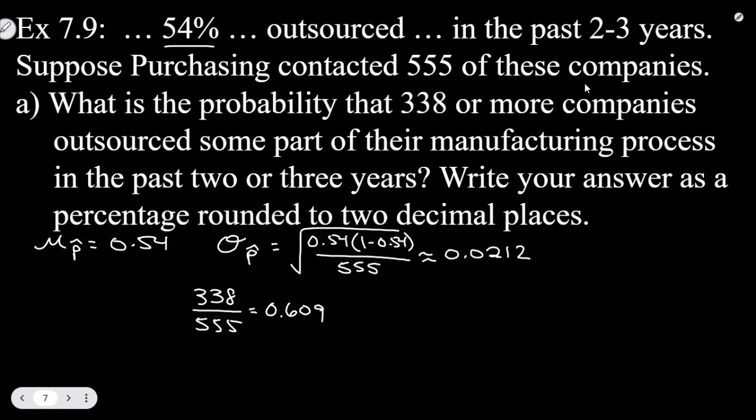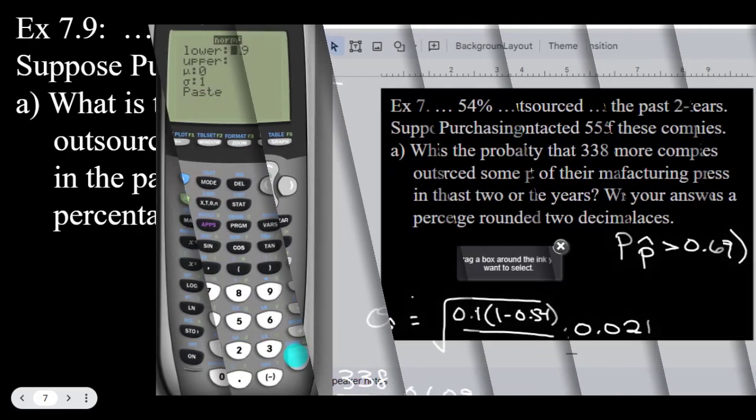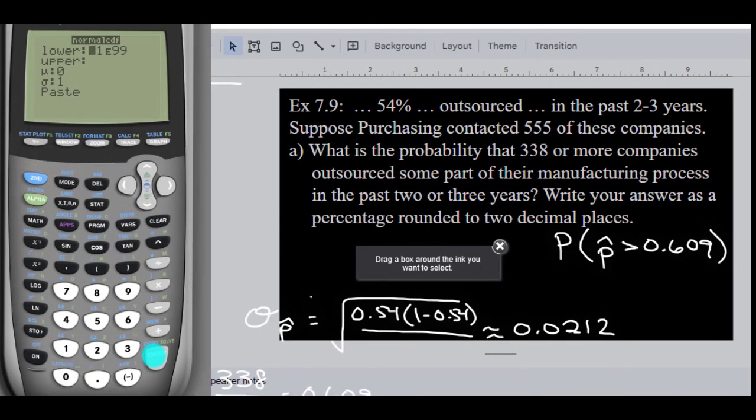Okay, so now our problem is going to be, what is the probability that p hat is greater than 0.609. And again, we're going to use these other values to help us, and we're going to pull up our calculators for that. So now that we've got our values back here where we want them, we want greater than 0.609.